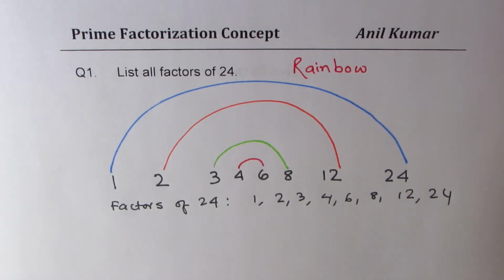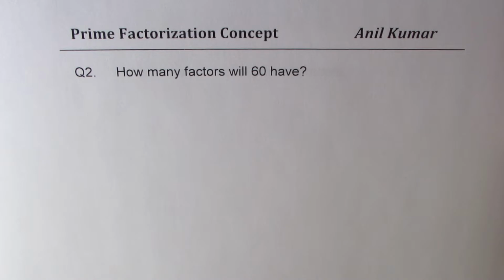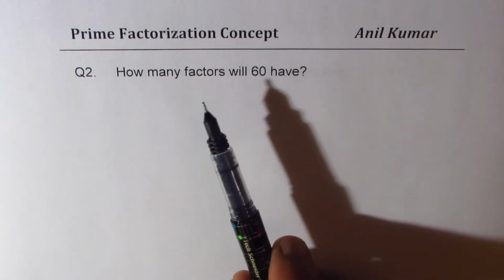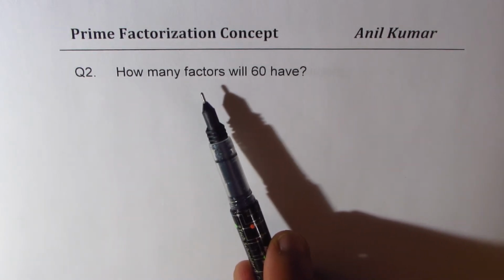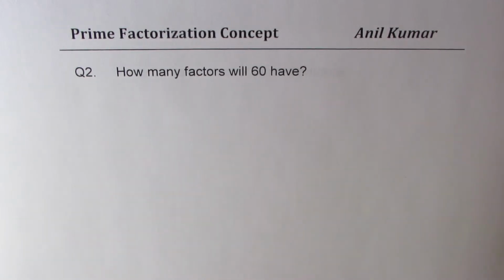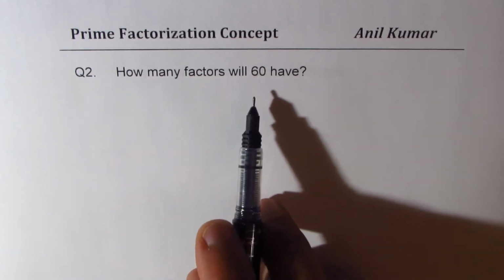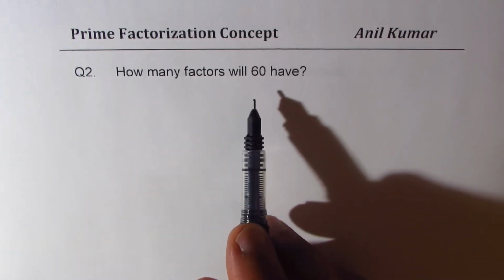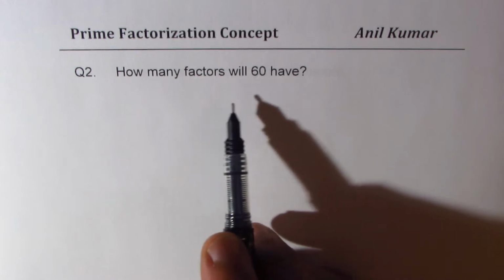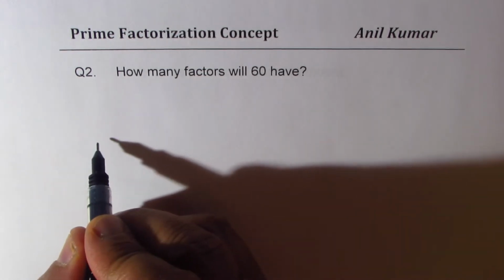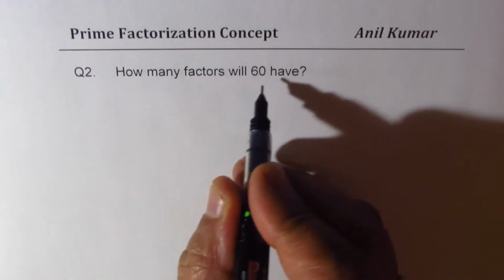Now let's move on to question number 2, which is: how many factors will 60 have? Now the question is not to list the factors, but only to find the number of factors, correct? Now there are many methods to do it, but at present we'll follow the method which we just learned. So we'll write factors of 60.